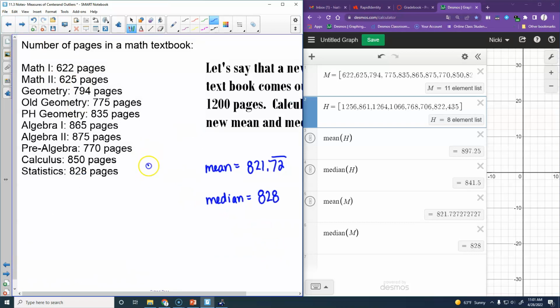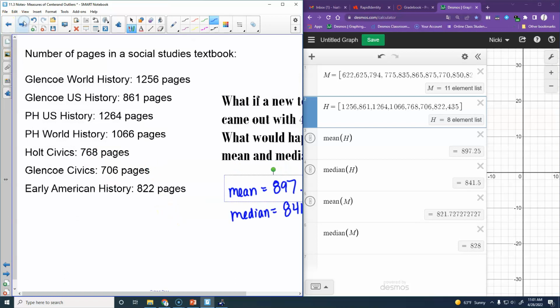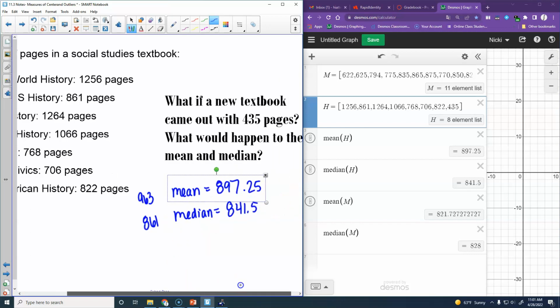So this was from 963. This was 861. So again, which one? Oh, sorry, that's the wrong. 963, 861. Okay, which one? They both decreased, but which one decreased the most? The mean decreased by quite a bit more.